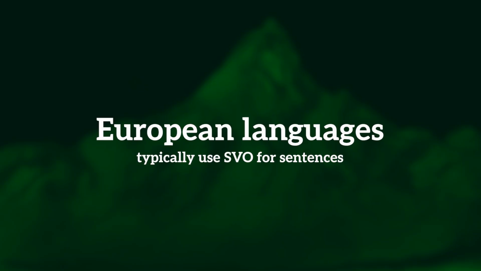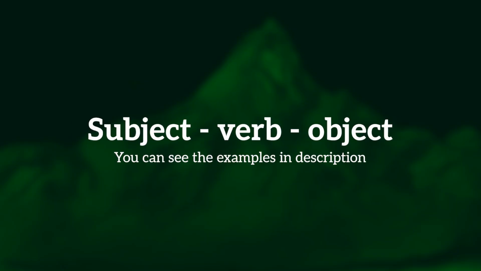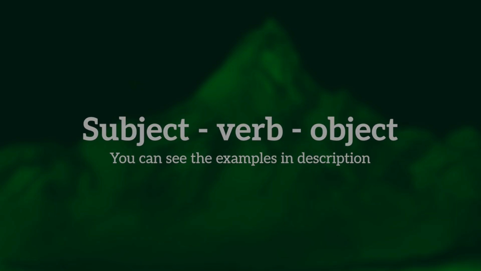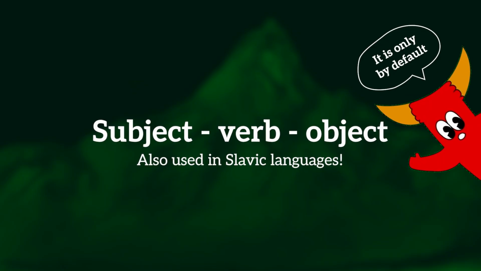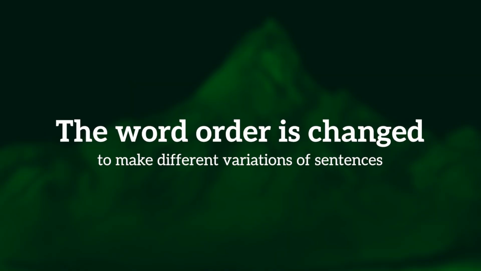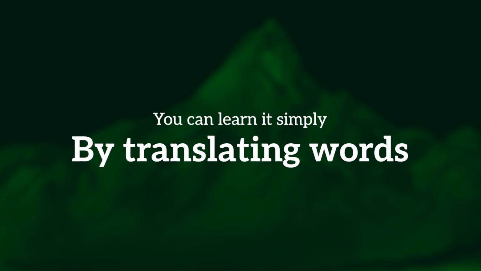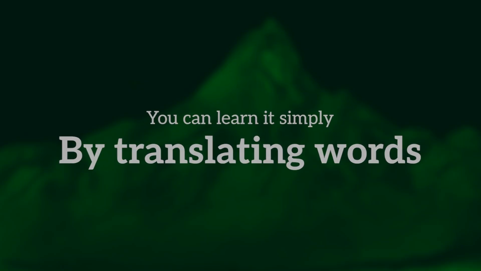Many European languages prefer SVO word order, especially Romance languages like French, Italian, Spanish. Their sentences are mostly subject, verb, object. In Slavic languages, most sentences are SVO, especially if a beginner is learning the language, but sometimes they change the word order so that the person who is learning would have trouble determining the word order, or what's the meaning of the words in the sentence.